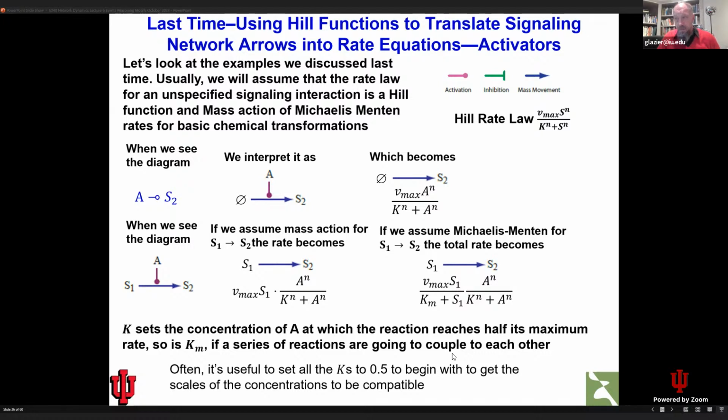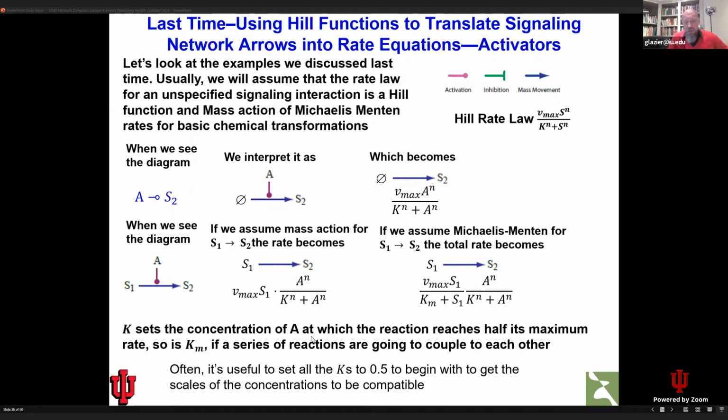Now, k sets the concentration of A at which the reaction reaches half its maximal rate. And so if I use the same value of k for every component in a circuit, then the values of all of the variables are compatible with each other.